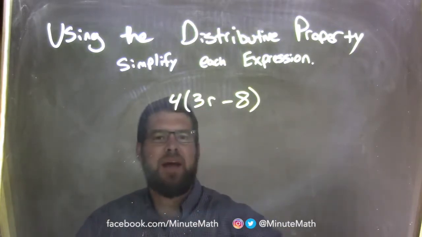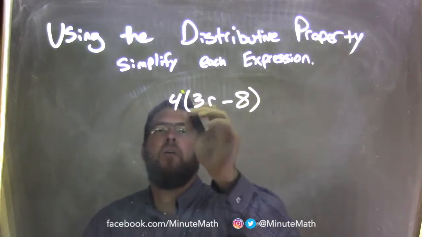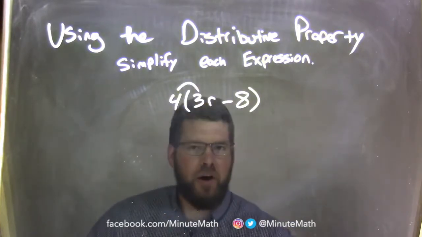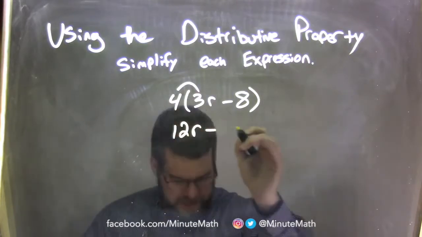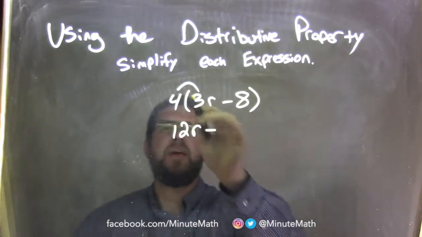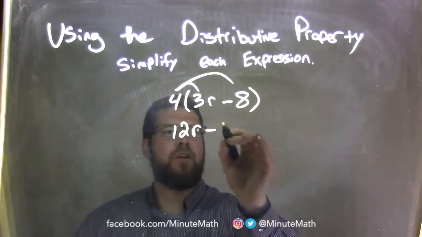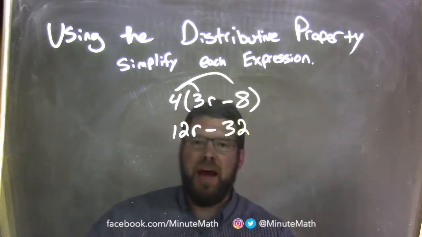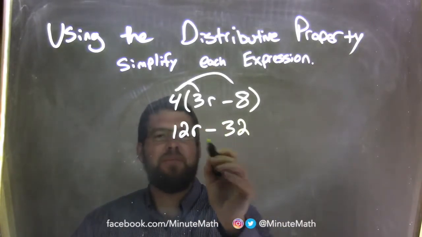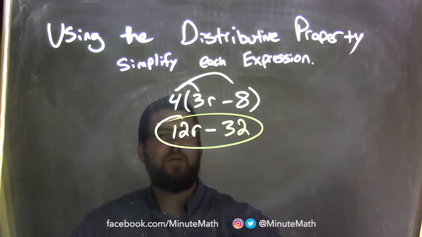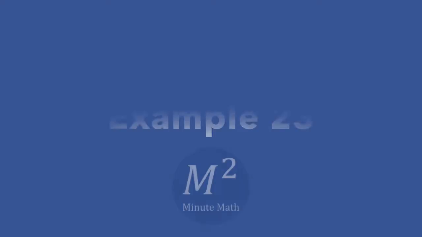We have the multiplication on the outside, so now we must use the distributive property, hence the video. 4 times 3r comes first. 4 times 3r is 12r. We bring down the subtraction sign here. So now 4 times 8 is next, and 4 times 8 is 32. And so now we're actually done. Because these are also not like terms, so we cannot combine them. And so 12r minus 32 is our final answer.